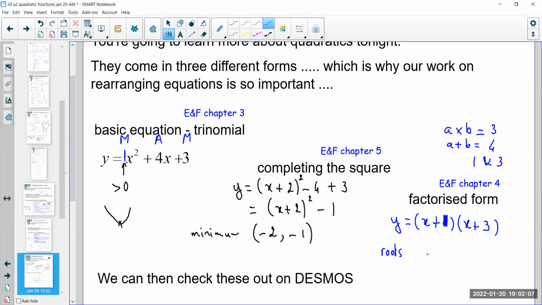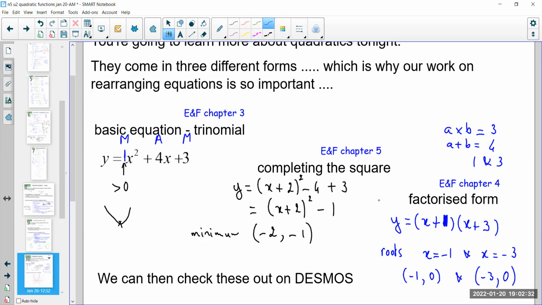So if x plus 1 equals 0, x equals negative 1. And the other one is x equals negative 3. And those are the roots. Because when x equals negative 1, I get y equals 0. And when x equals negative 3, I will get y equals 0.